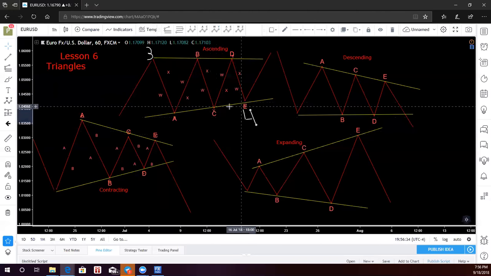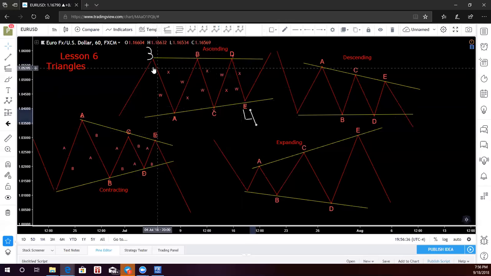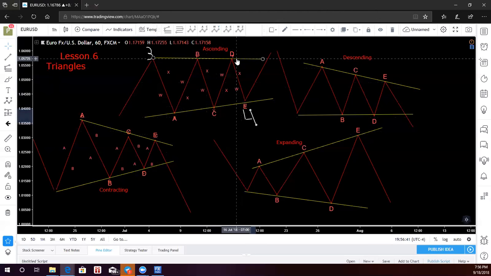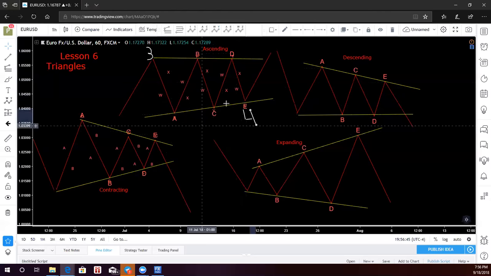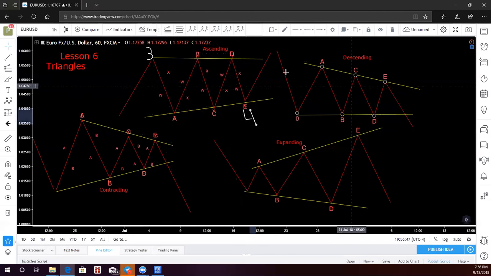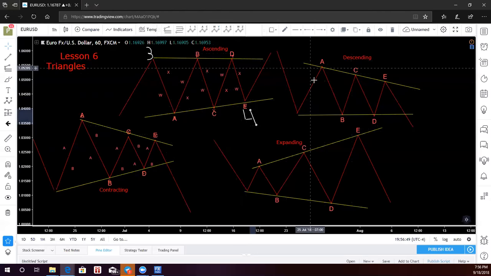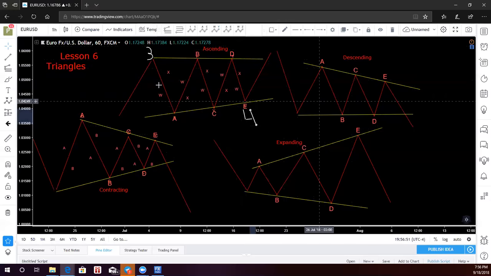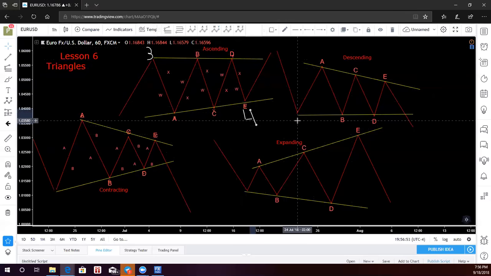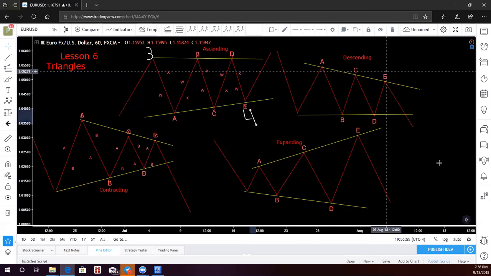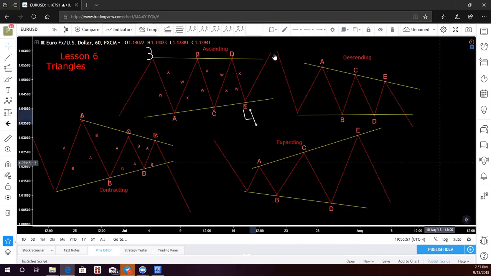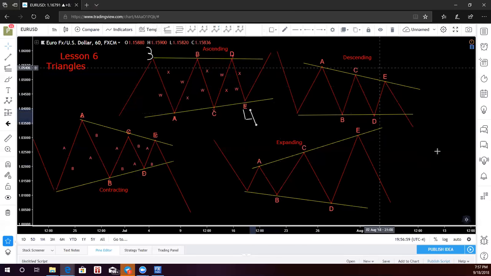So in an ascending triangle, B and D will stay level with each other as A, C, and E start to contract. Descending triangle, basically it's just the same thing in reverse. So if you have a 3 right here, you'd have a 4 here, and then going into a wave 5. Or if it was an A, you'd have a B and a C.